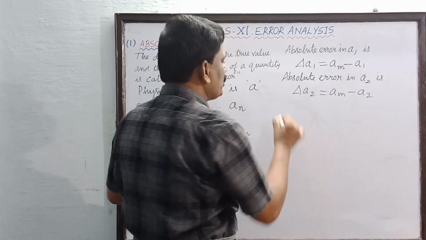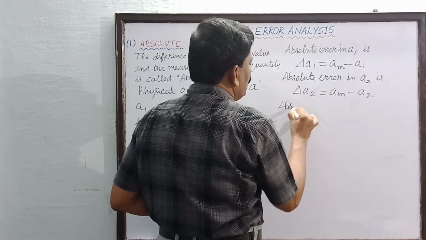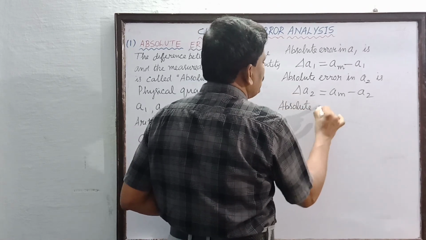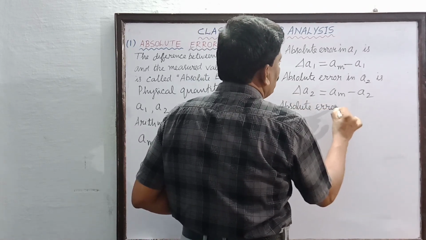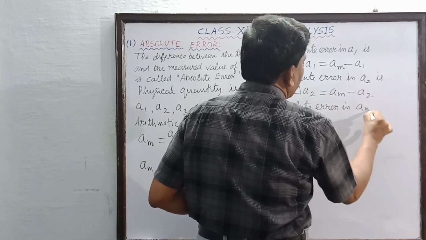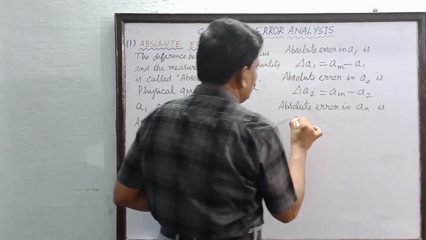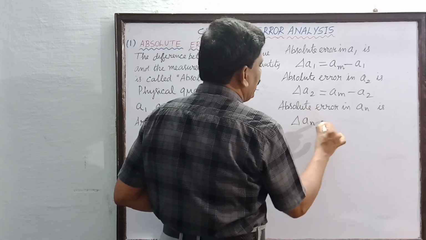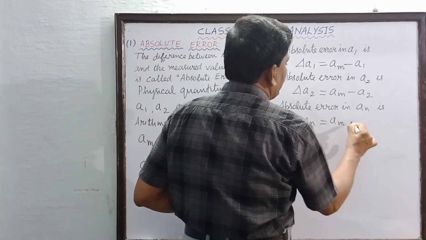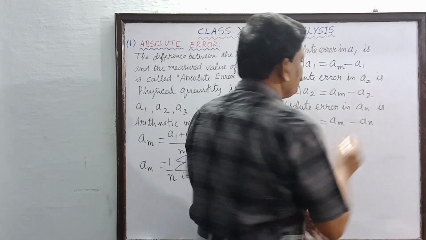So the nth term also I will write for your understanding. The absolute error in A_n, the last term, delta A_n, is equal to A_m minus A_n.